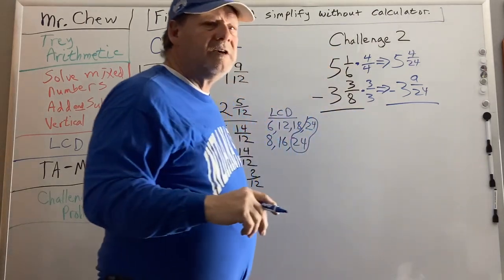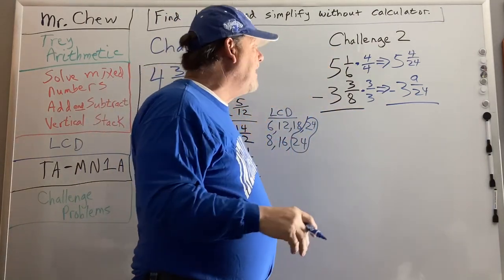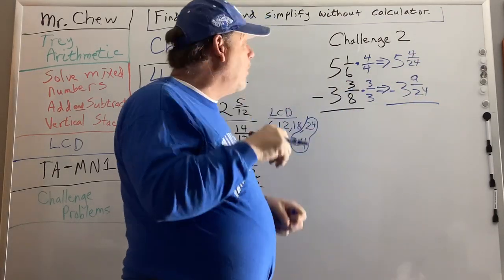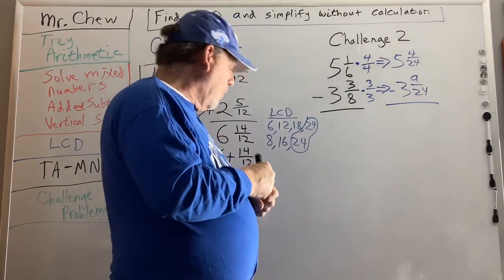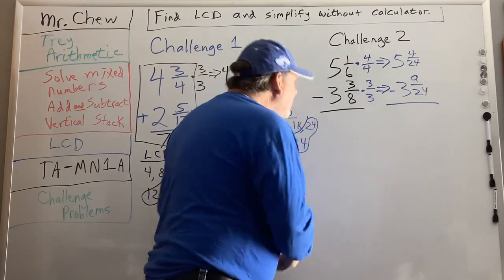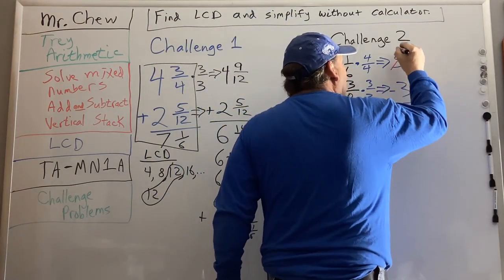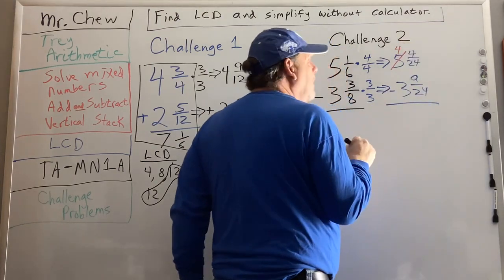Well, just like in the example that we did, the second example, you can't take 9 from 4, so you're going to have to borrow. So when we borrow, we're borrowing 1 from the 5, so that becomes a 4.